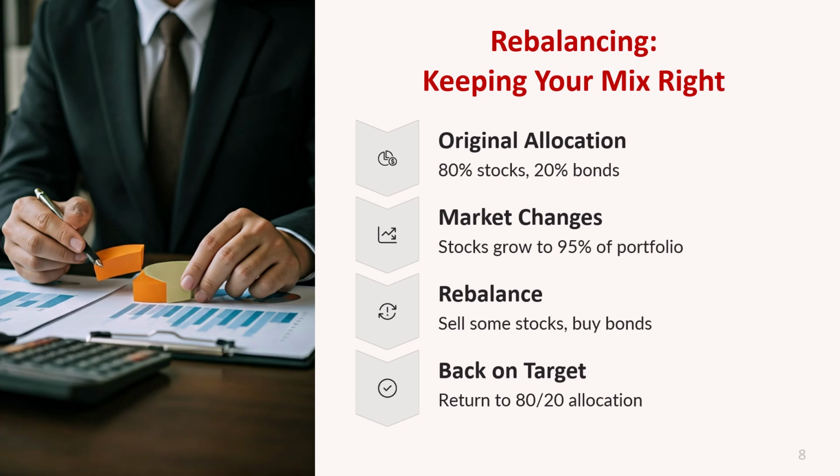For example, if your stocks had a good year and they went up in value, they might now be 95% of your portfolio instead of your target, which was 80%. Your pie slices change size because some investments perform better than others.